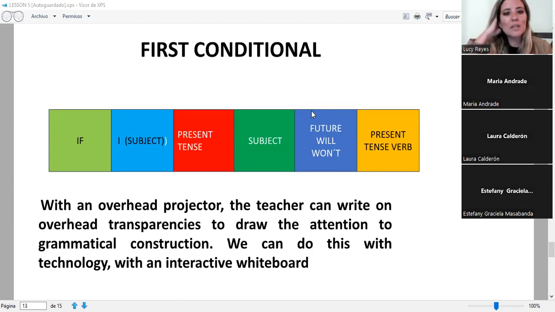with an overhead projector. The teacher can write on the overhead transparencies to draw attention to the grammatical construction. We can do this with technology, with an interactive whiteboard too. But if you don't have the technology, you can use different pieces of construction paper with different colors. I have the same color here, but you can use an A4 paper.